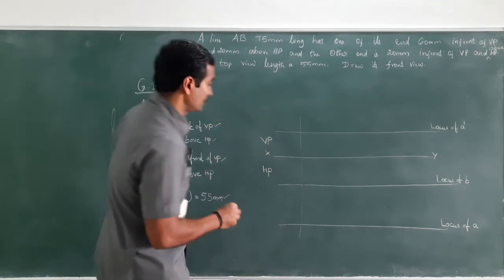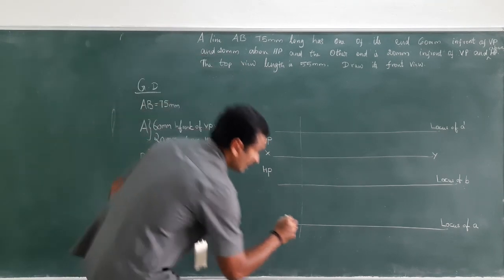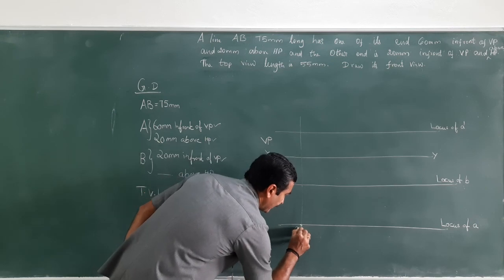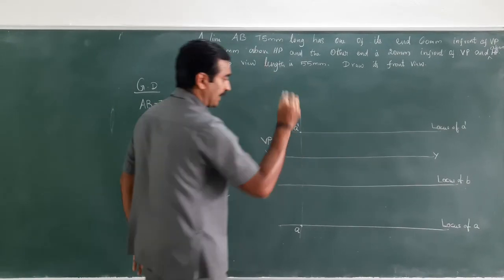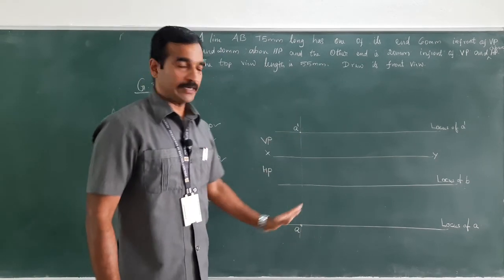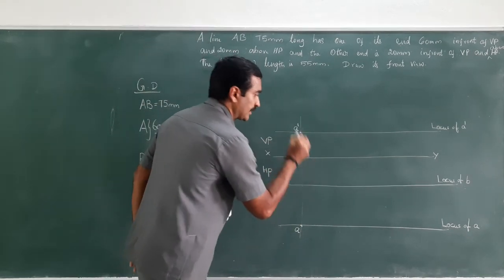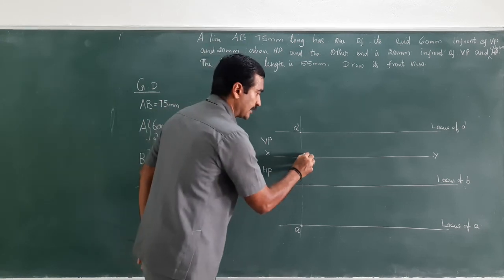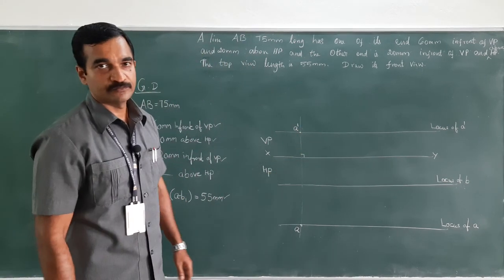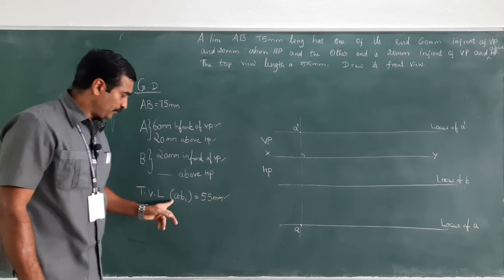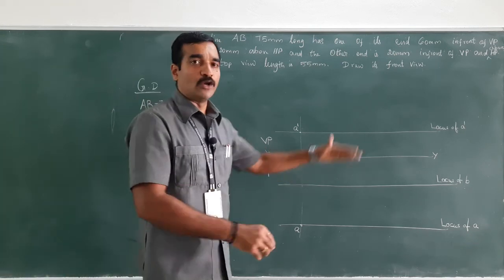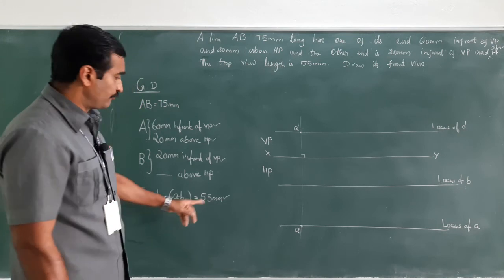Let me choose this as A, and this projector line, the locus of A dash, should be perpendicular to the XY. Fine, and the distance is 55 mm.